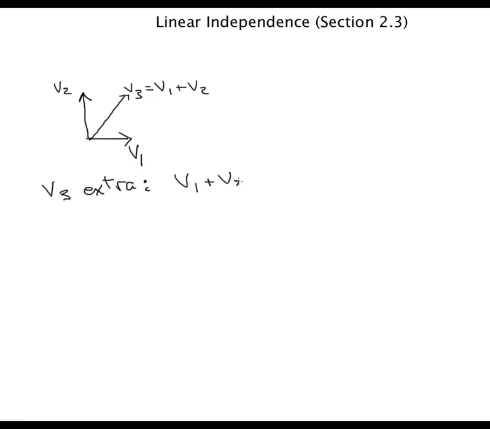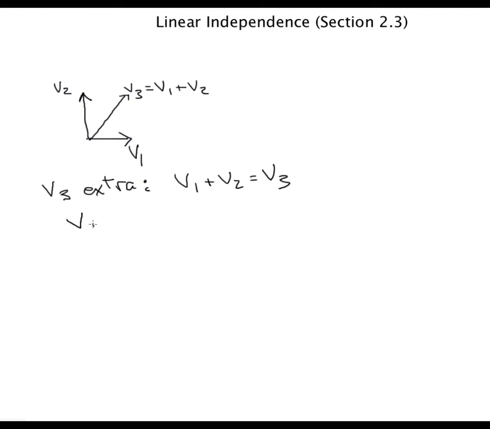So let's just draw a very simple example. Suppose I gave you v1 and v2, and I took v3 to be the sum. Then v3 is, so to speak, extra. You don't need it because v1 plus v2 is equal to v3.